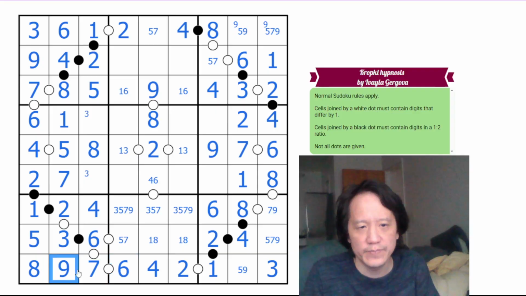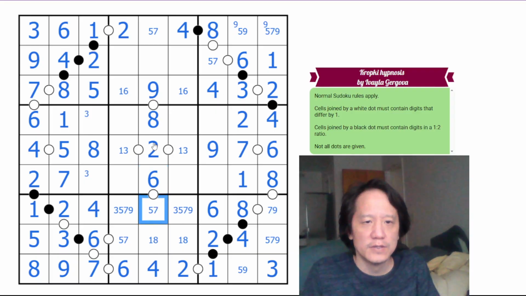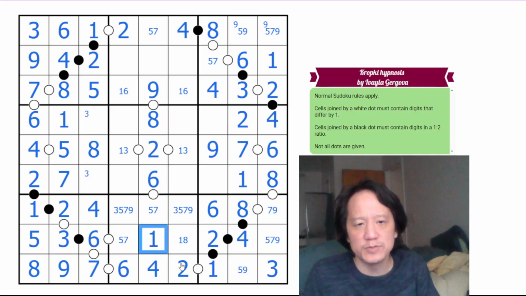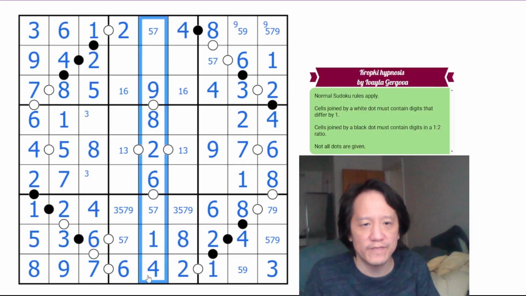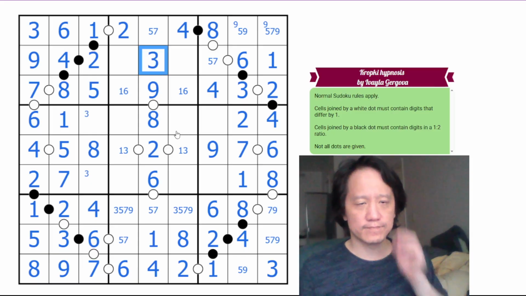This is 4. 4 eliminates 4 here, so this is 6, which means this has to be 5 or 7 to be consecutive with it. This 8 eliminates 8 here, so this must be 1, which makes that 8. That leaves the remaining digit in column 5 as a 3, because we have a 5, 7 pair already in the column. So this is 3.